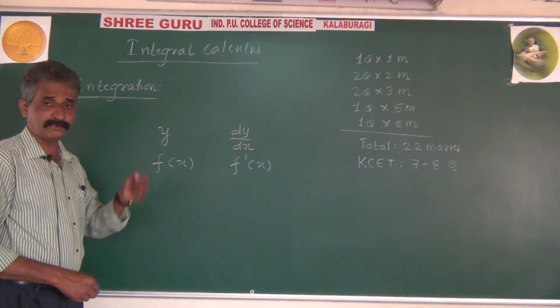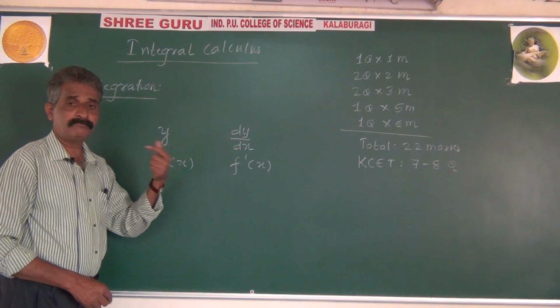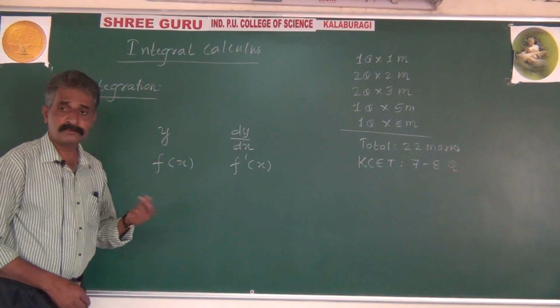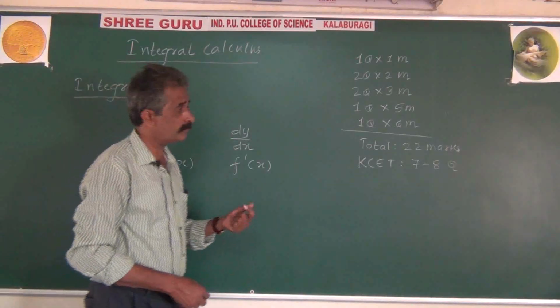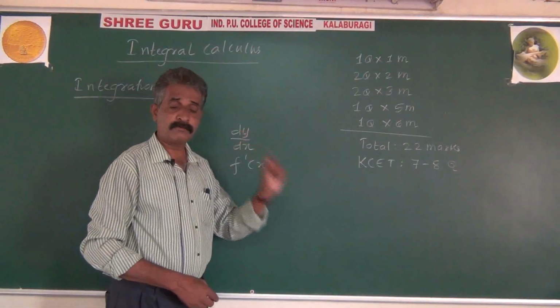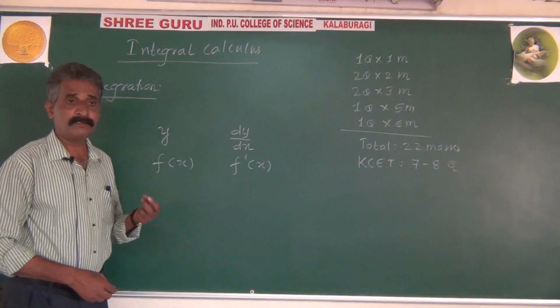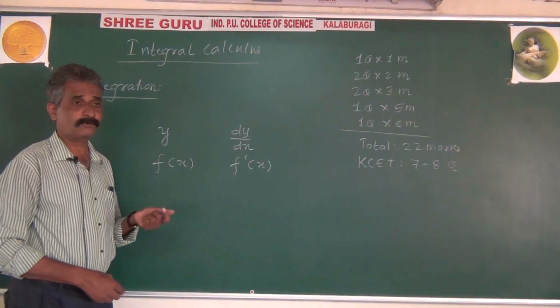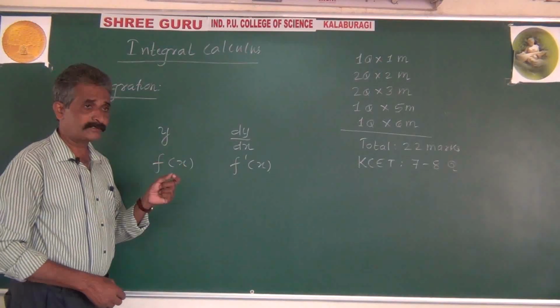And we got dy by dx or f dash x by several methods. To recall, in those days we obtained dy by dx maybe using the sum rule, product rule, quotient rule, composite function rule, logarithmic rule, parametric function rule, or one function with respect to another function rule.